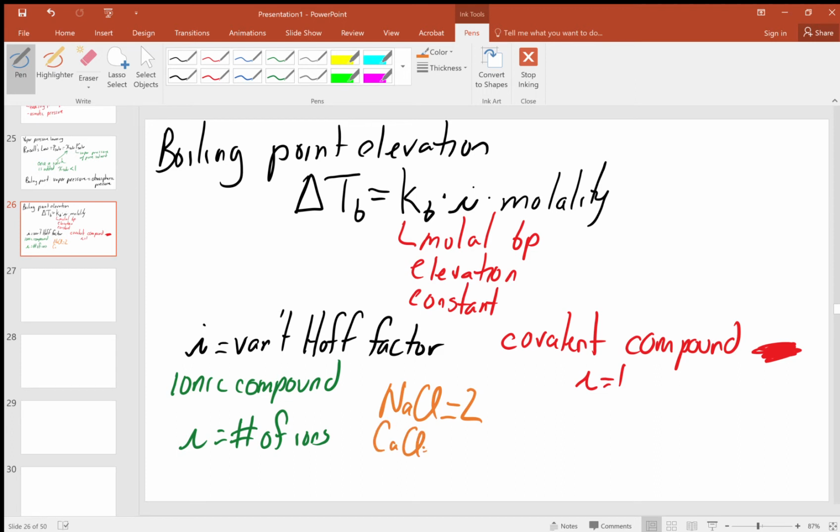Calcium chloride, 1 calcium ion, 2 chloride ions, so the Van't Hoff factor is 3. What about sodium phosphate? 3 sodium ions, 1 phosphate ion, i is equal to 4.